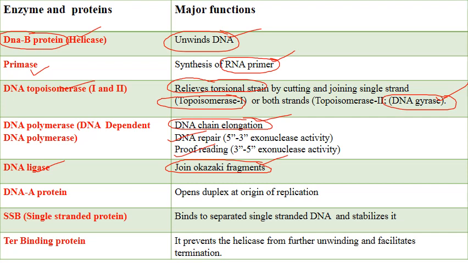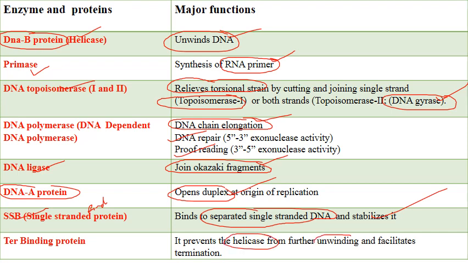Then DnaA protein, it again helps in opening of the DNA double helix. It helps in opening the duplex. Then SSBs, which are known as single strand binding proteins. They bind the separated single DNA strands and stabilize them. Then Tus binding protein, it prevents helicase from further unwinding. It stops the helicase enzyme from further unwinding and facilitates the termination.